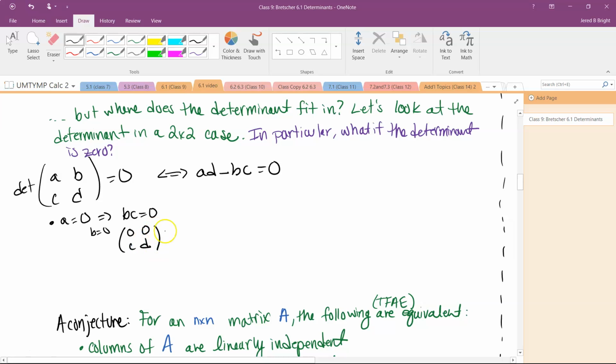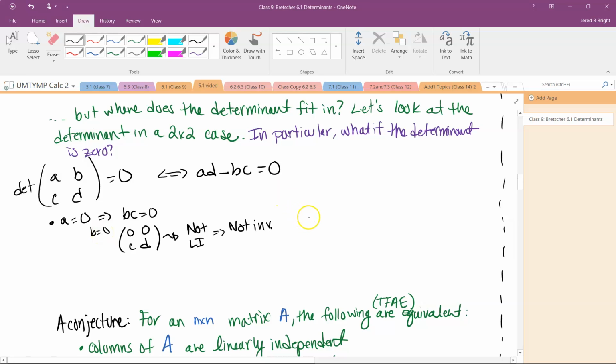But when I have something like this occurring, if I look at the columns, we don't have linear independence, right? So that means that it's not invertible. So this case where both A and B are 0 can't happen.